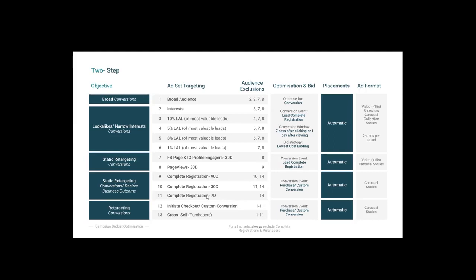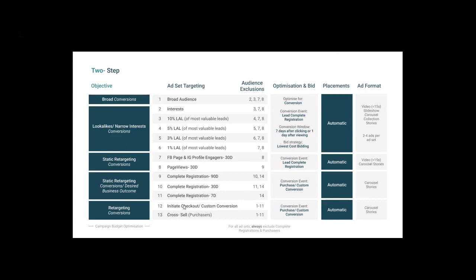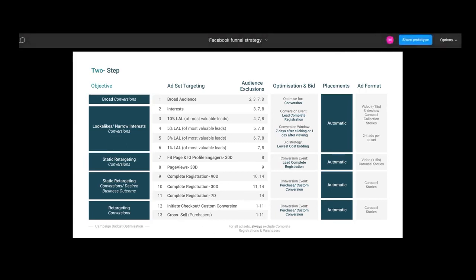We can also show it for just the last 7 days, so that the audience is not seeing the ad for a longer duration. This is just a test, because we can see which ad set works best and increase the budget there. This is the overall idea of the two-step strategy. And once the person purchases the product, they will be excluded from all the campaigns.